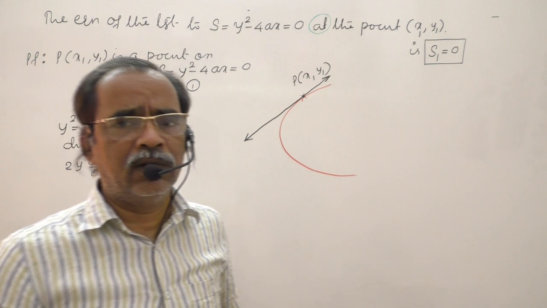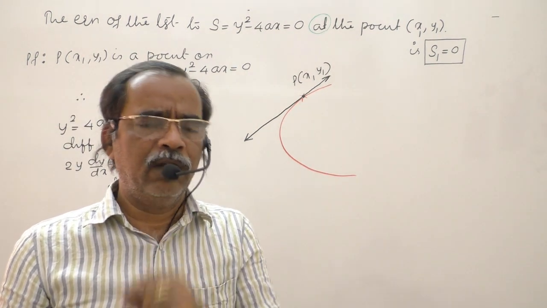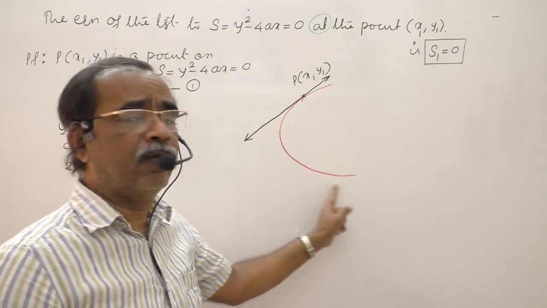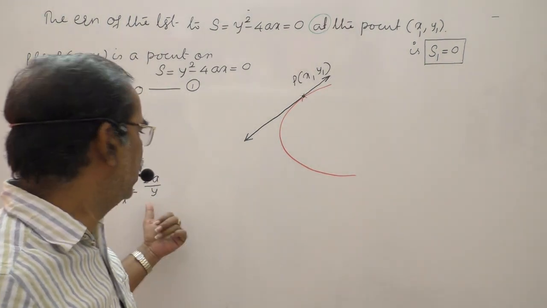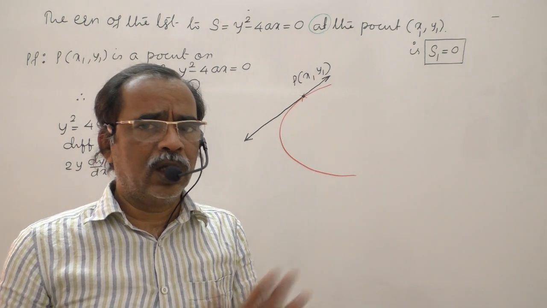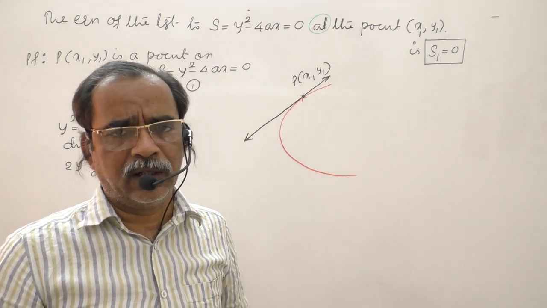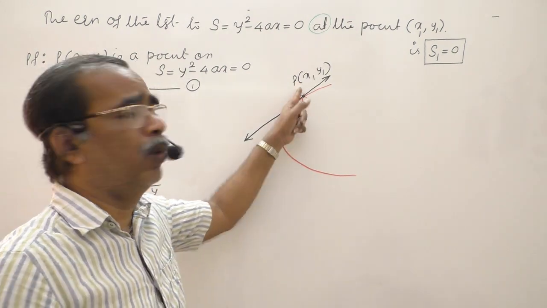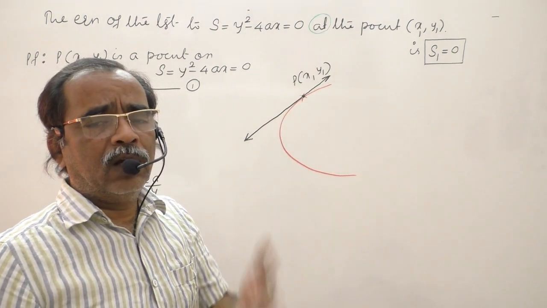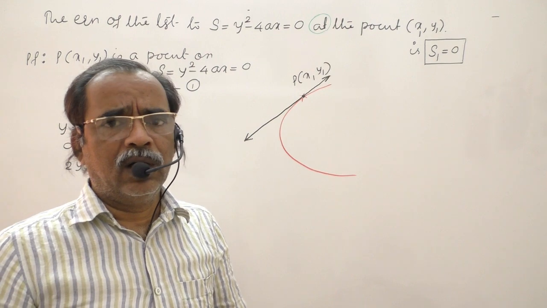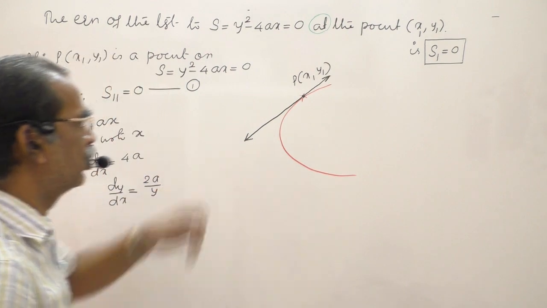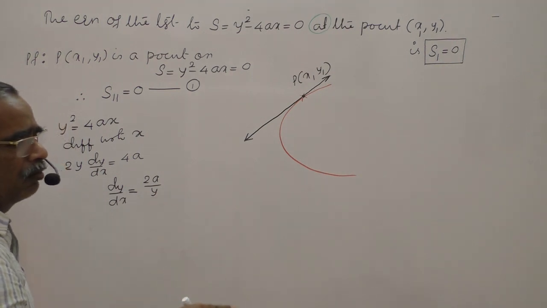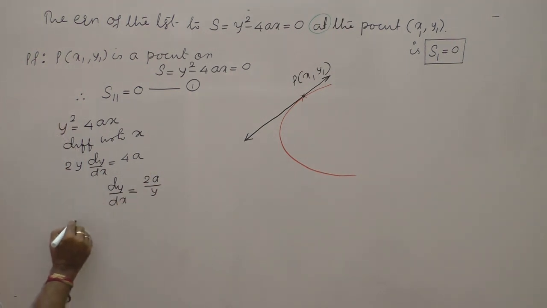For a given curve, there will be only one dy by dx. But there will be many tangents, infinite tangents. This dy by dx will not give us the slope of the tangent by itself. You can obtain the slope by putting the point in it. Wherever you want a tangent, you are supposed to put the point in this, then that real number will give us the slope of the tangent.